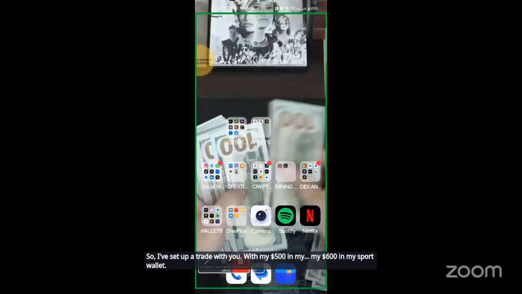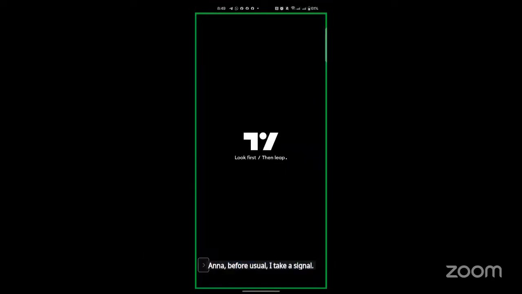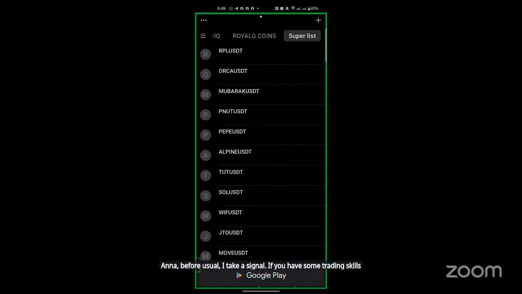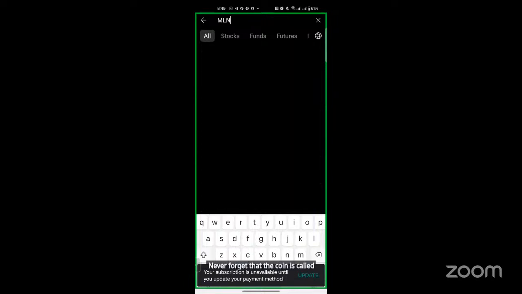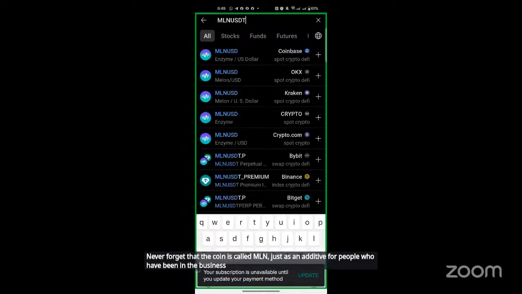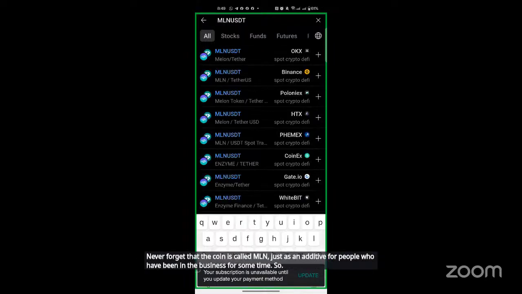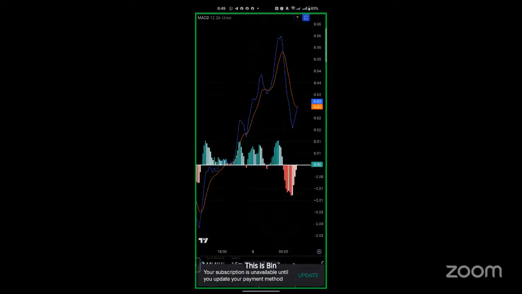I'll set up a trade with you with my $500, my $600 in my spot wallet. And before I usually take a signal, if you have some trading skills, always cross-check the coin, all right? Never forget that the coin is called MLN, just as an additive for people who have been in the business for some time. So I'll check the coin as a signal being dropped, spot, this is Binance, good.